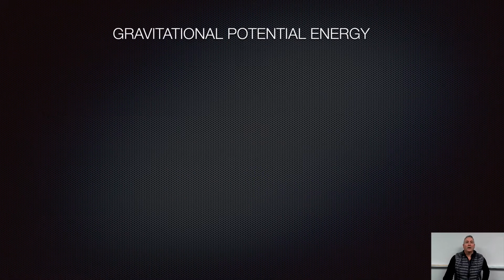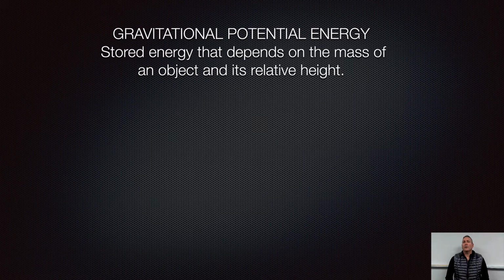All right. I want to talk about gravitational potential energy. Now, potential energy is energy that's stored in something based on its position relative to a different point, or stress or strain on the object. So gravitational potential energy is based on position. And that position is height, the relative height.